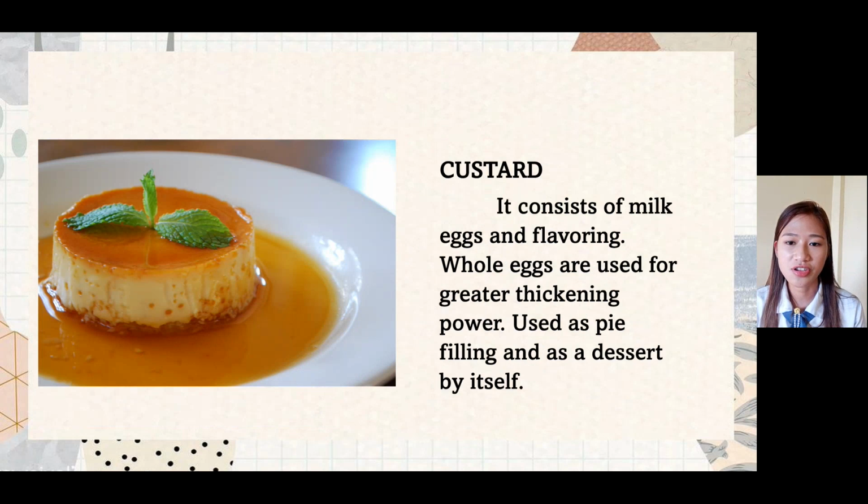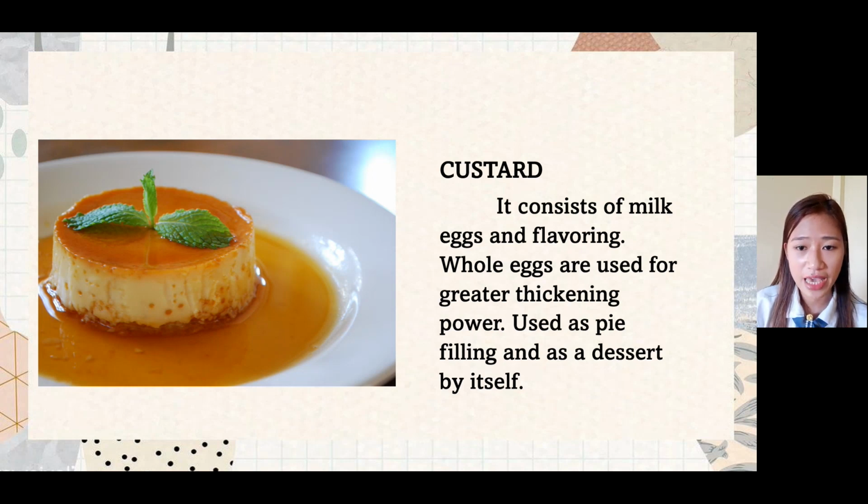Next is the custard. It consists of milk, eggs, and flavoring. Whole eggs are used for greater thickening power, used as pie filling and as a dessert by itself. As you can see, the common custard is the leche flan. That is a sample of custard.